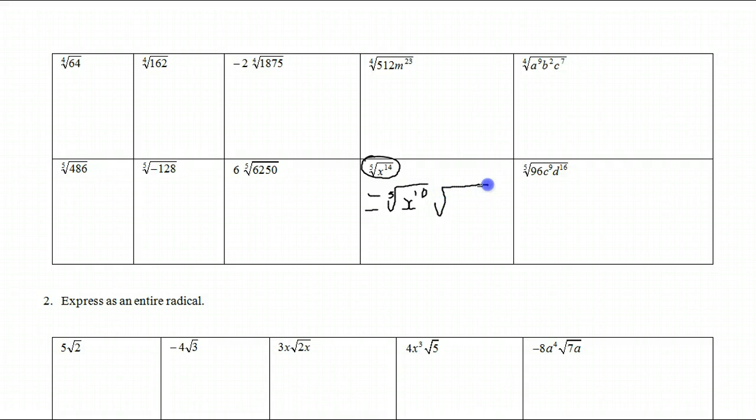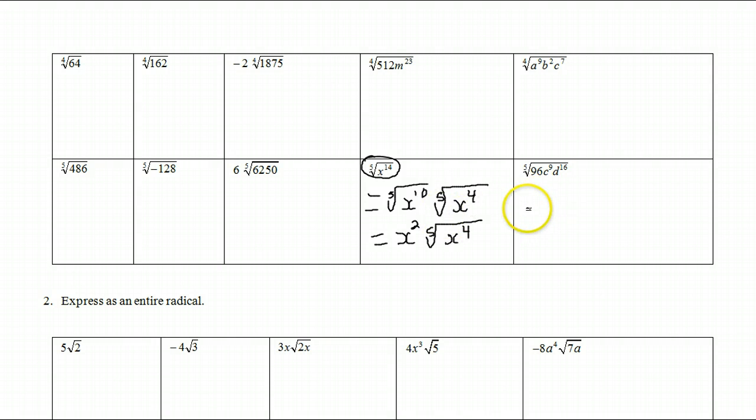And then that will be multiplied by the fifth root of x to the 4th, right? x to the 10th times x to the 4th, you add exponents. The fifth root of x to the 10th, you divide by 5, gives you x squared times the fifth root of x to the 4th. Okay, so this again is all work that you're going to work through.